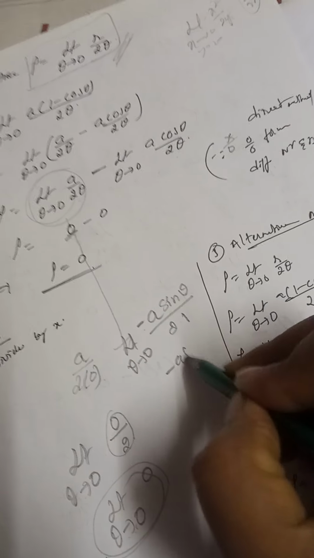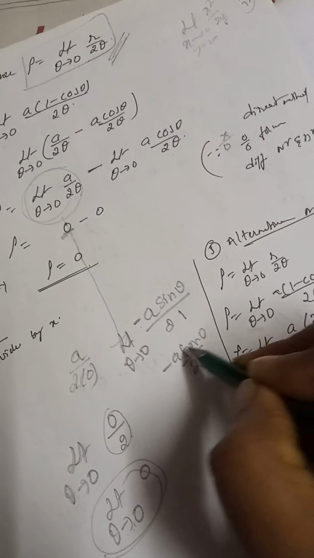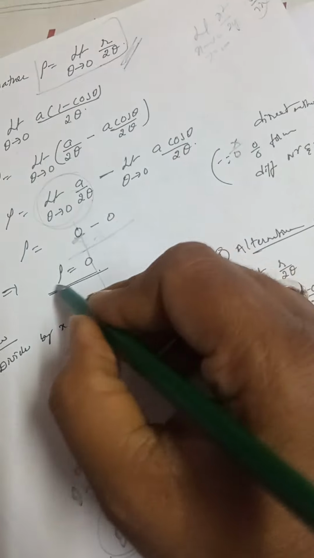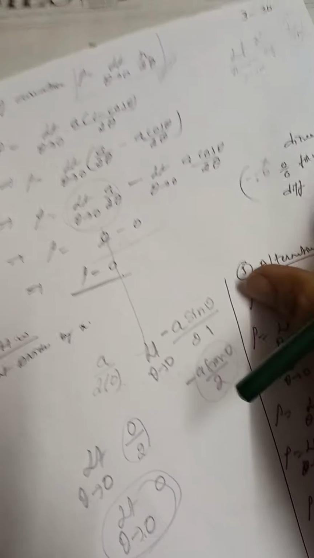Now minus a into sin 0 by 2, sin 0 is 0, 0 by 2 is 0. Therefore 0 minus 0 is 0. Therefore radius of curvature is 0. Right?